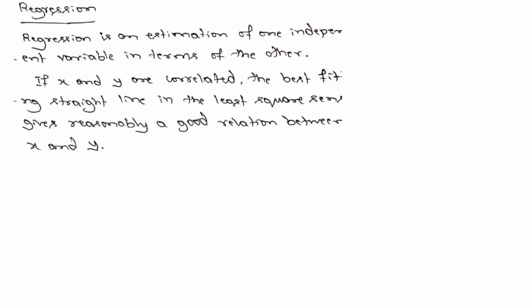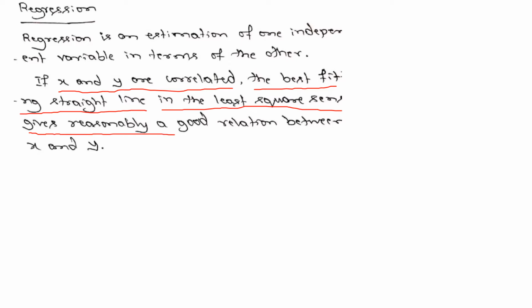If x and y are correlated, the best fitting straight line in the least square sense gives reasonably a good relation between x and y.